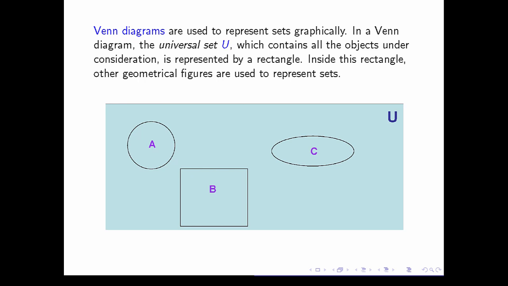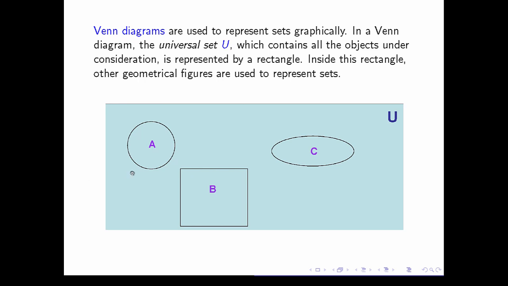So U will usually be represented by a large rectangle. And inside this rectangle, we use other geometrical figures such as ellipses, squares, rectangles, circles, and triangles to represent sets.